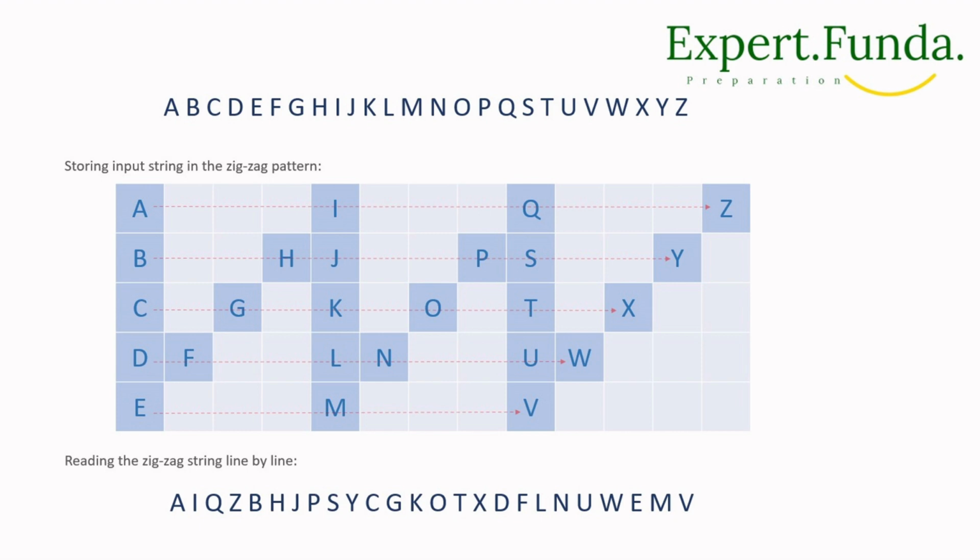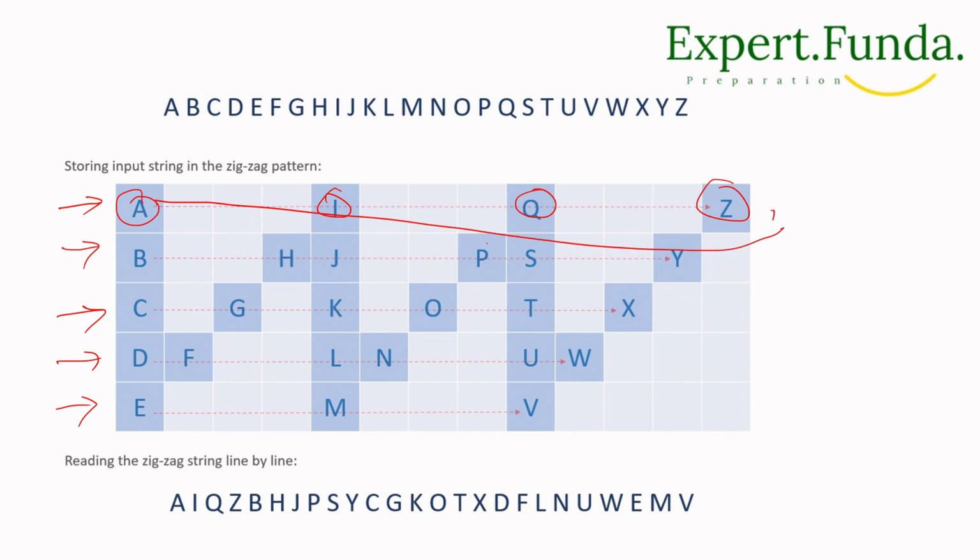First of all, we have to print this input string line by line. If you represent A to Z, ABCD and so on, like this, and read line by line, first we get A I Q Z in the first row.